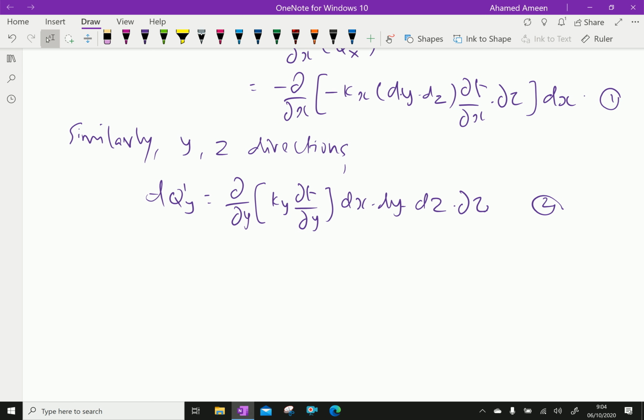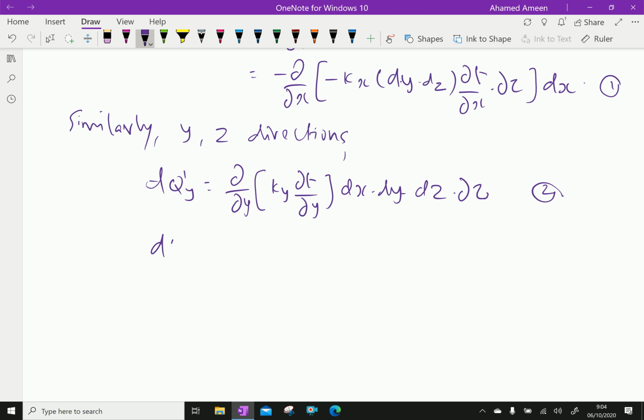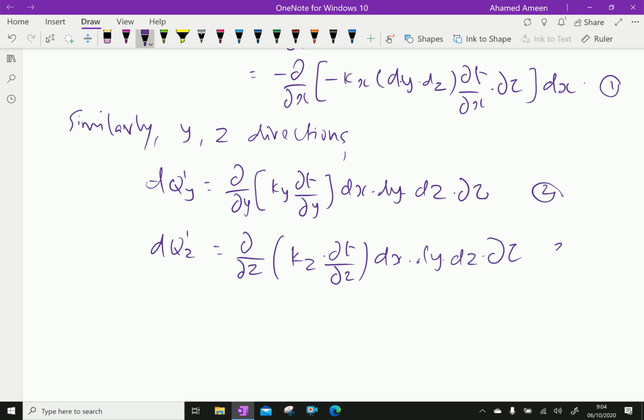Then similarly dQ'z equal to ∂/∂z of kz ∂T/∂z dx dy dz dτ. This is 3.